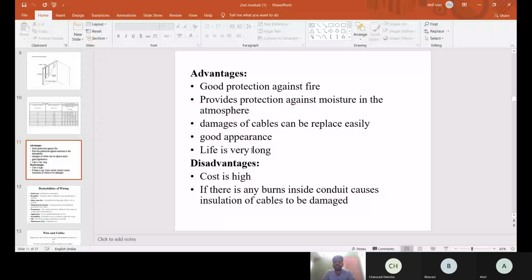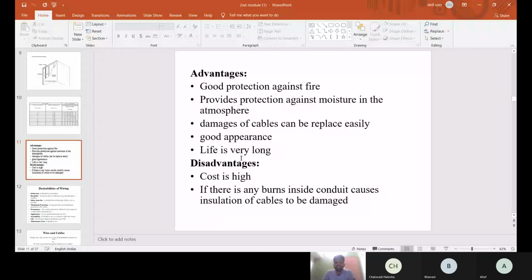If I go for concealed type of wiring, then the materials we select should be of good quality, so that the life will automatically be long. But if we choose good quality materials, then obviously it's of high cost. So that's the disadvantage.